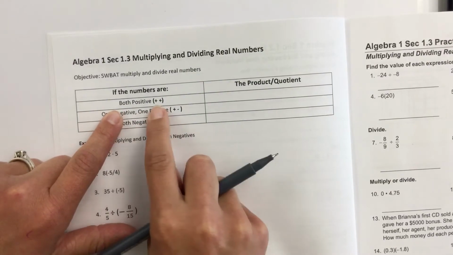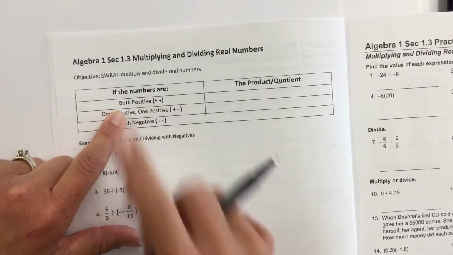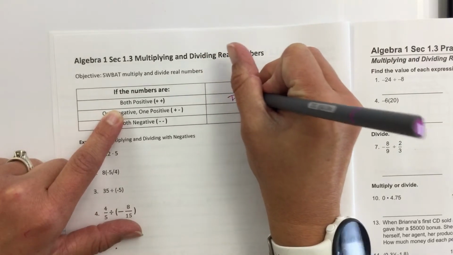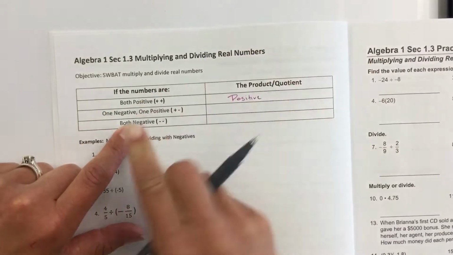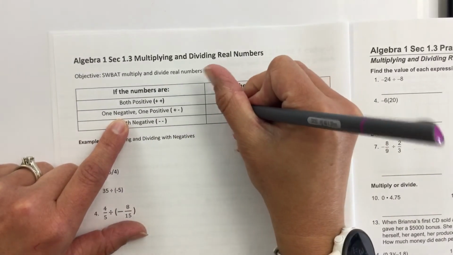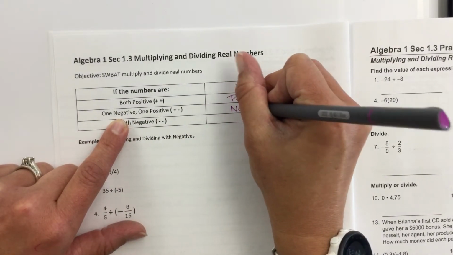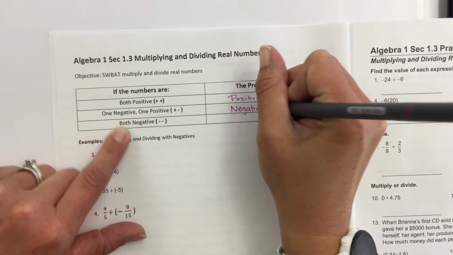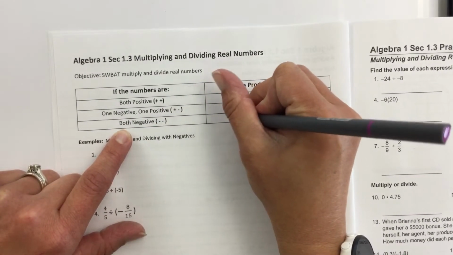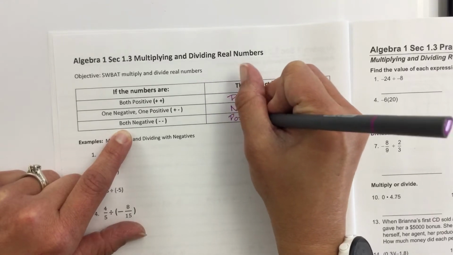Remember that if we multiply or divide both positive numbers, the result is positive. If one of them is positive and one is negative, if they disagree, our answer is negative. And if they're both negative, they both agree, the answer is positive.